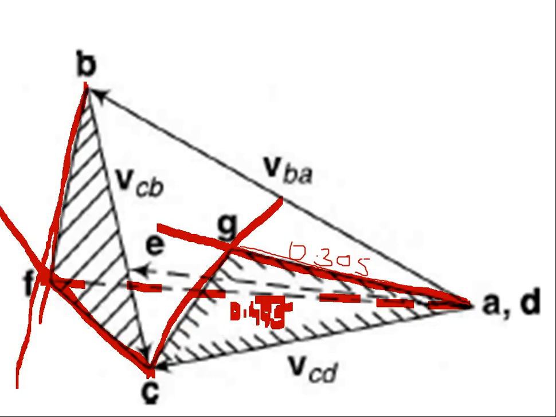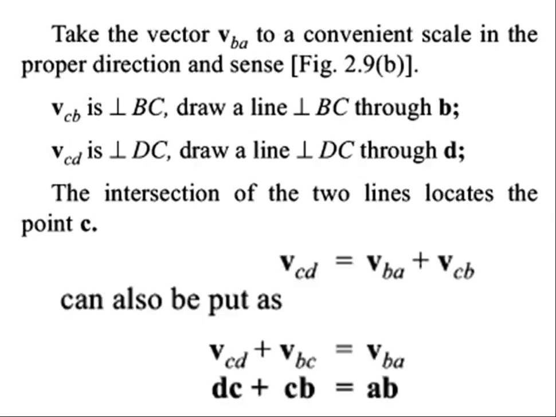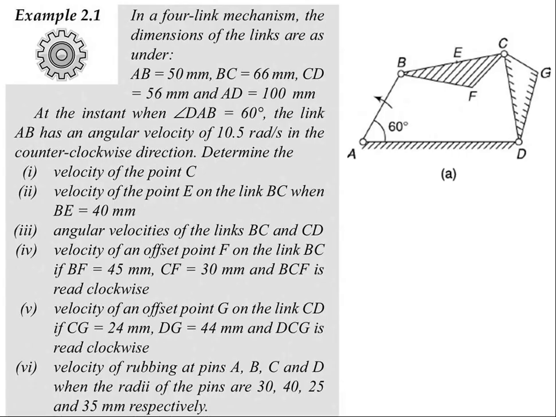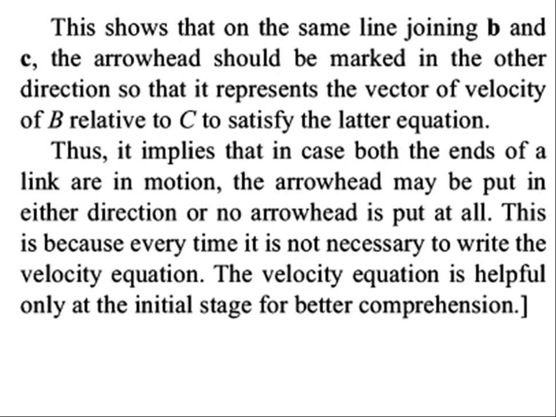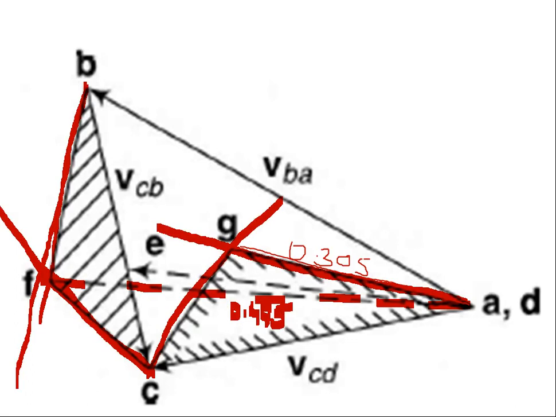See, what he has given in the question, go through this. The velocity of an offset point F on the link BC, BF is given here, the length 45, so perpendicular to that you have to take, and CF perpendicular, you can take the velocity here, and BCF is clockwise. What if you take it opposite, what will happen?